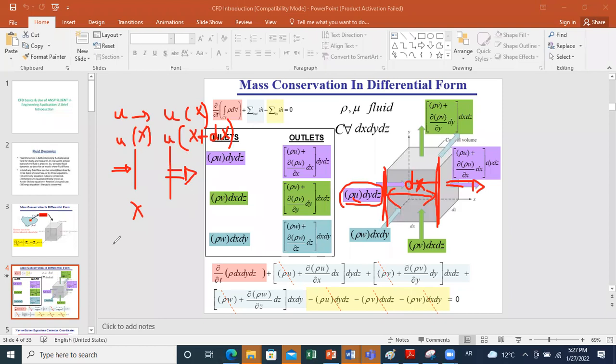The rule is that u at x plus dx is equal to u at x plus the partial derivative of the function u with respect to x, times dx, and this continues with other terms related to the second derivative, third derivative, etc. This is what we call a Taylor series expansion.